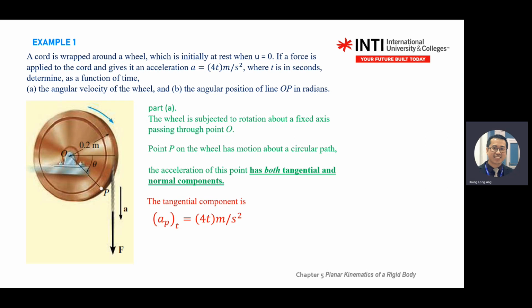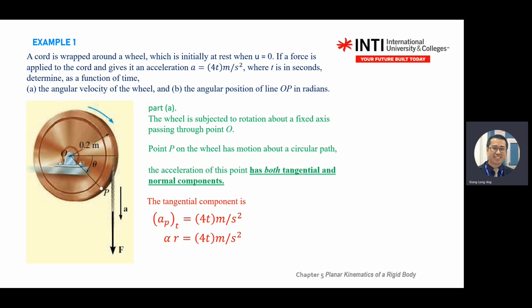You know that the acceleration given there is tangent. Right? What is the equation for tangent? Alpha r. So alpha r equal to 4t.